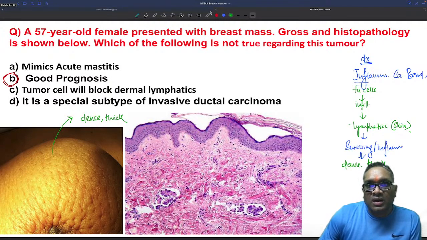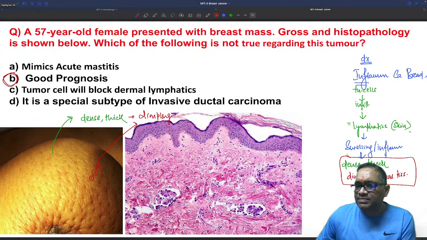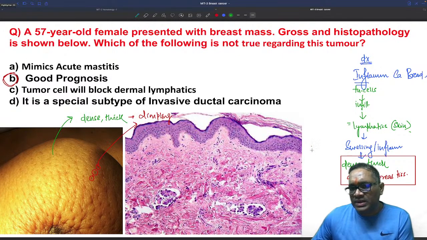You can notice in these areas which I am marking with a round circle, these areas show dense, thick, dimpled breast tissue. This dense, thick, dimpled breast tissue is called peau d'orange appearance.